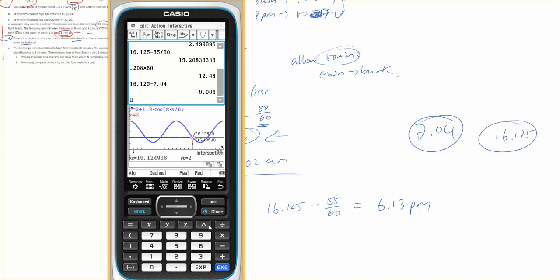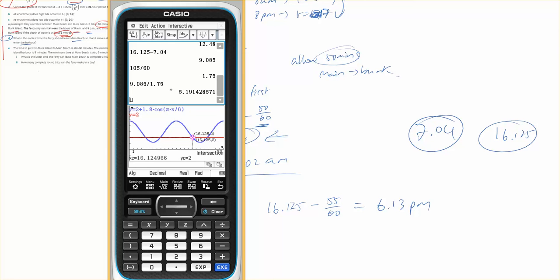How many 105-minute trips can we fit into that? 105 minutes divided by 60 is 1.75 hours. So we divide this by 1.75.